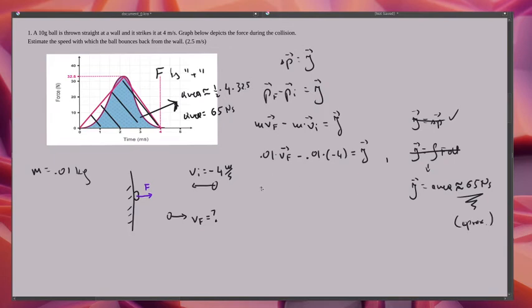And so I can write here 0.01 times VF minus 0.01 times minus 4 equals 65. Then I can just finish this off. So this would be the final velocity... I guess this becomes plus 4, and then pull this in.